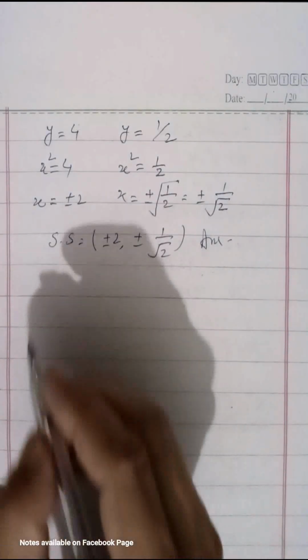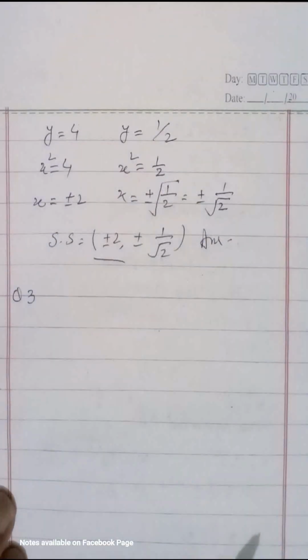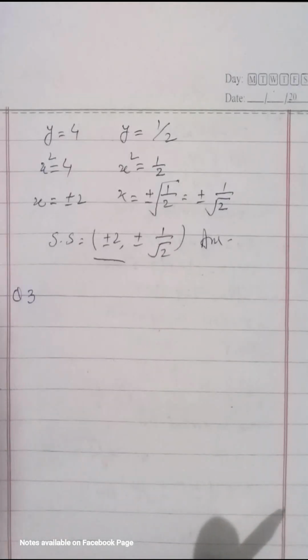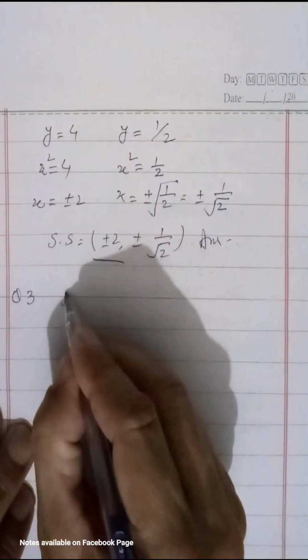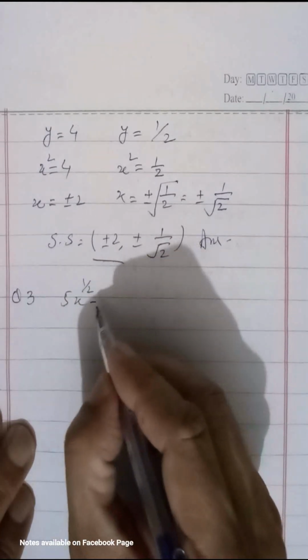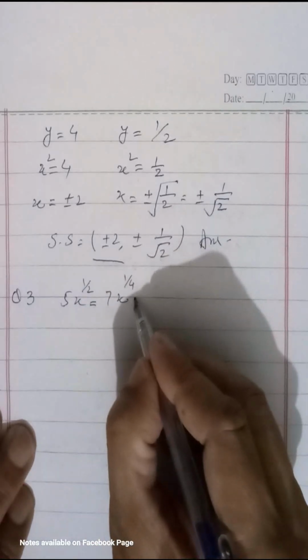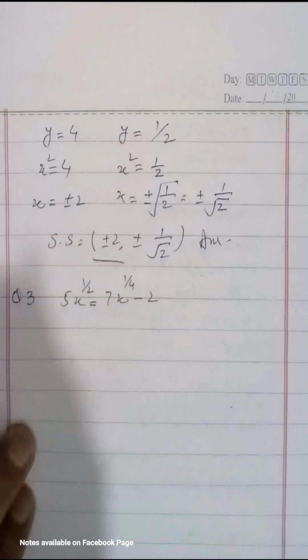Now we solve question 3. In question 3, the question is 5x power 1 over 2 is equal to 7x power 1 over 4 minus 2.